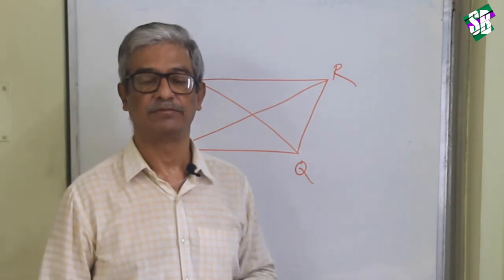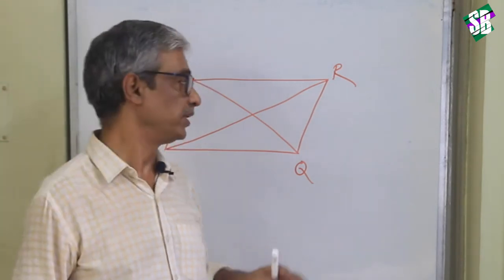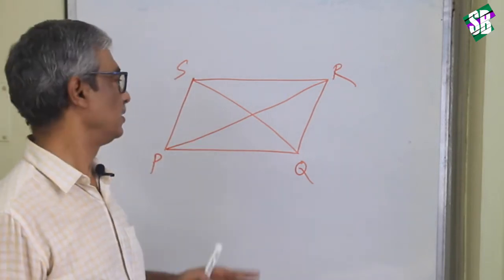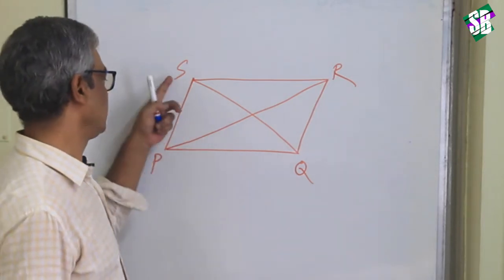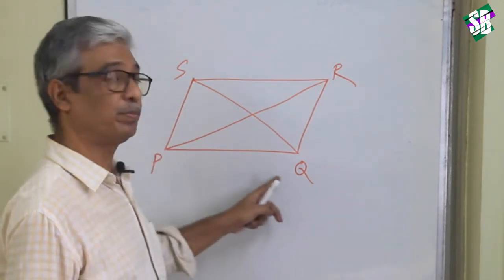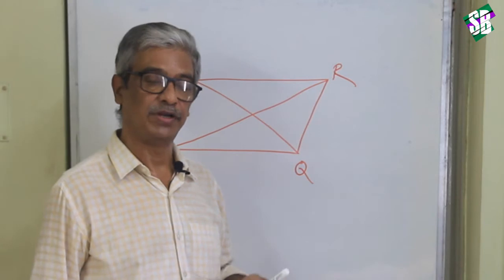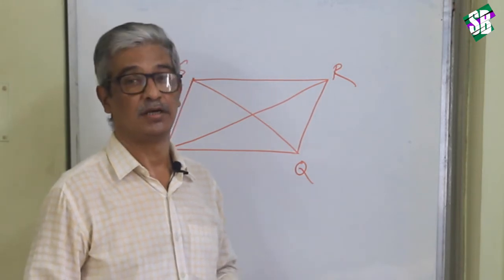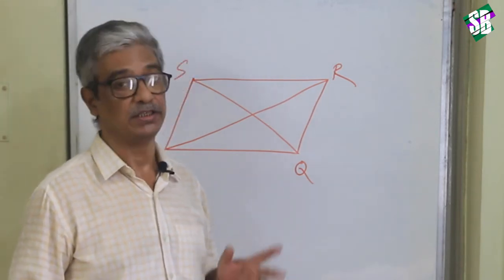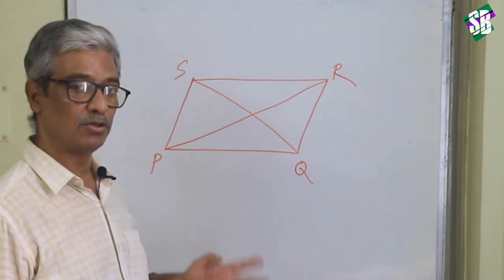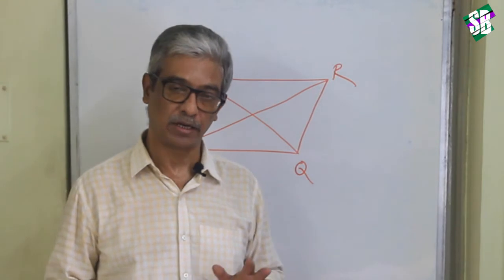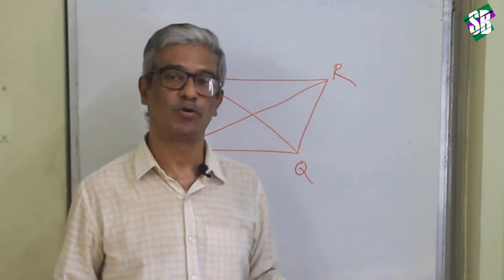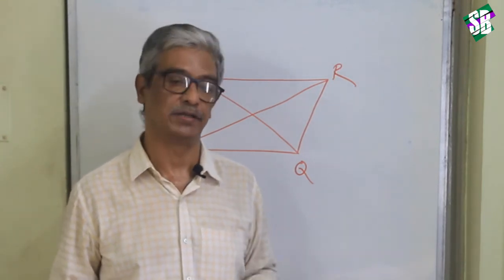Now, it might happen that this is a rectangle. How can you find? There are various ways. Just do SP vector dot PQ vector. If it is 0, then this is a rectangle, and if it is not 0, then this is a parallelogram which is neither a rhombus nor a rectangle.